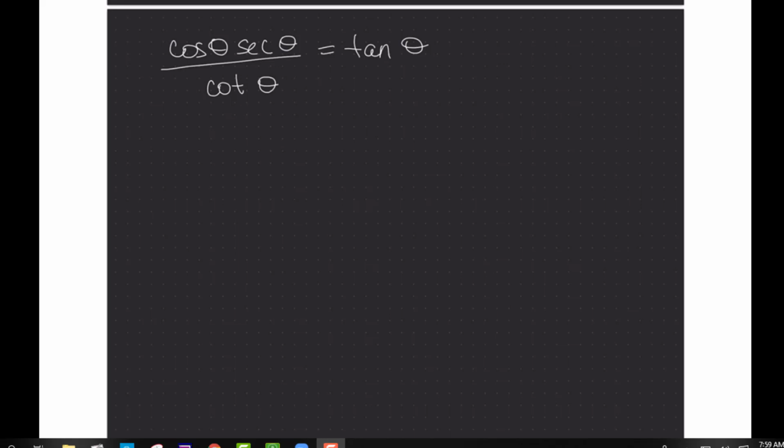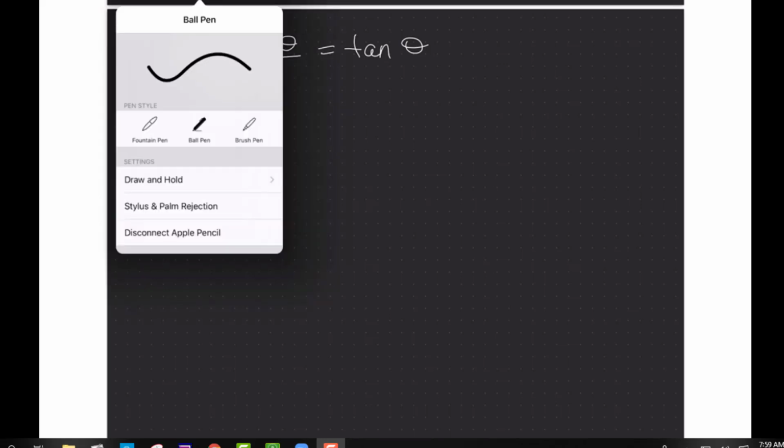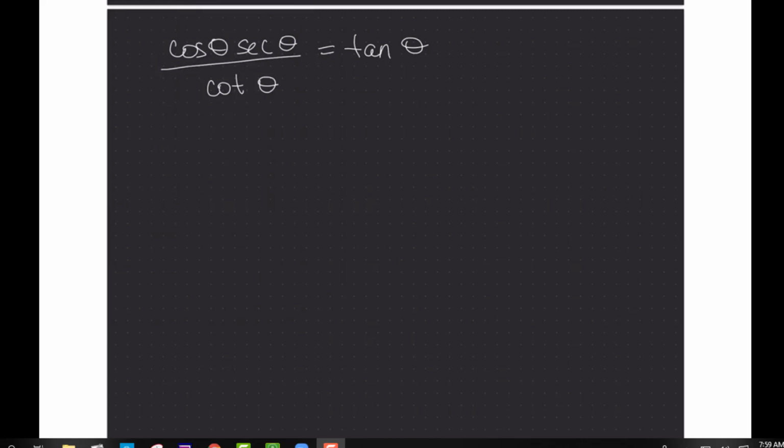So no different than the ones that we've been practicing. We're just going to look at that left-hand side for right now, and we're going to switch everything into sines and cosines, right? So my cosine is going to stay cosine. What am I going to do with secant?